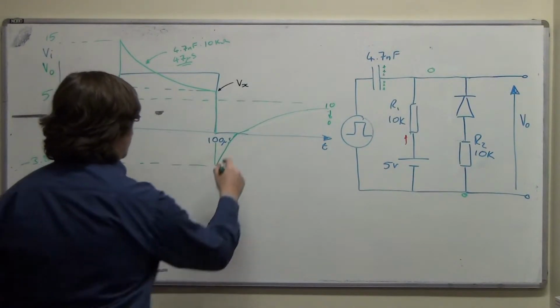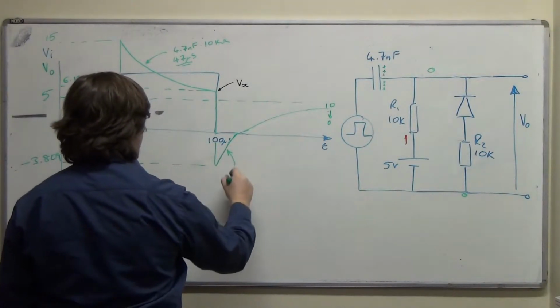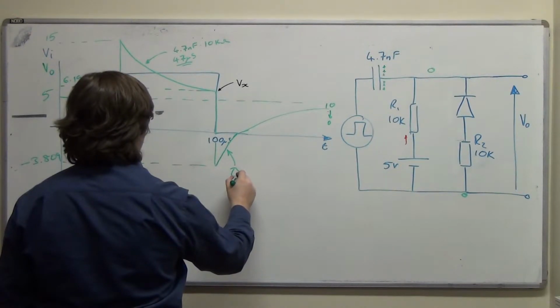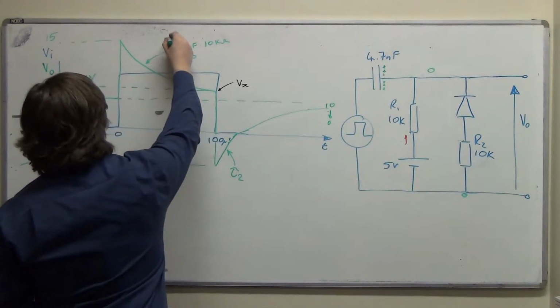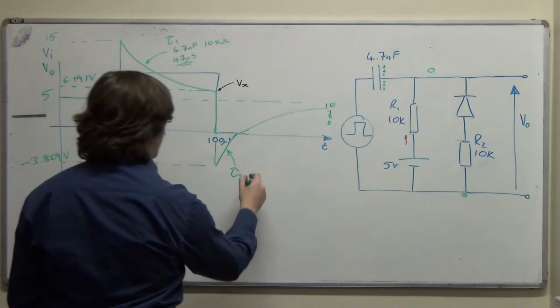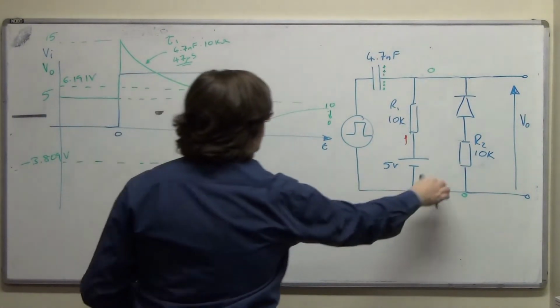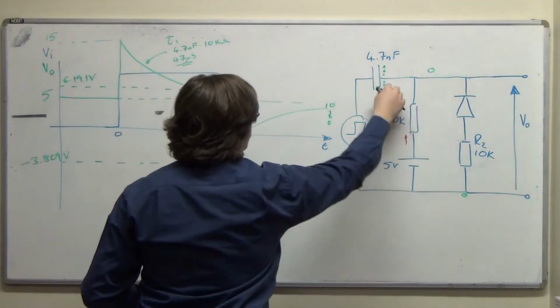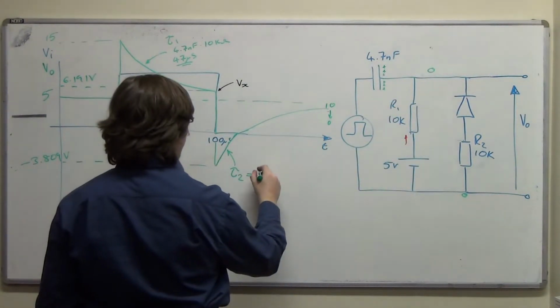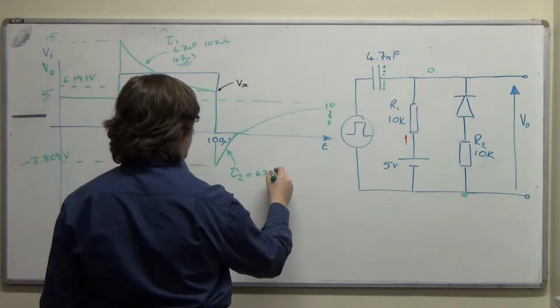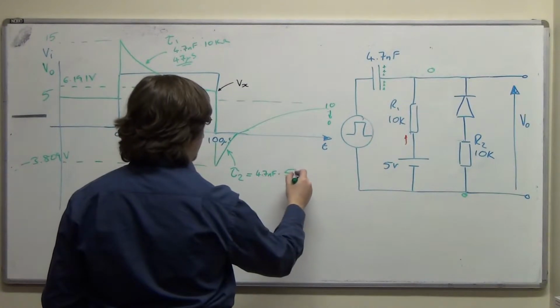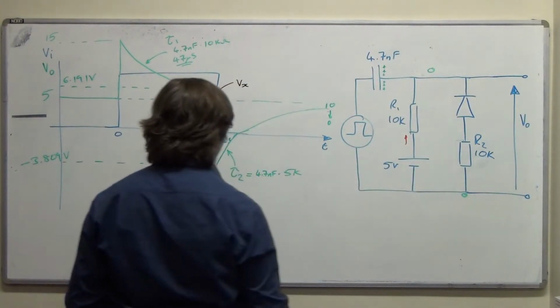And we can say that this time constant will be, we'll call it tau 2, shall we call this one tau 1. So tau 2 will be those two in parallel with that one, so R1 and R2 in parallel, so it'll be 4.7 nanofarads times, well, it's 5k, because it's 10k in parallel with 10k, which is 5k.